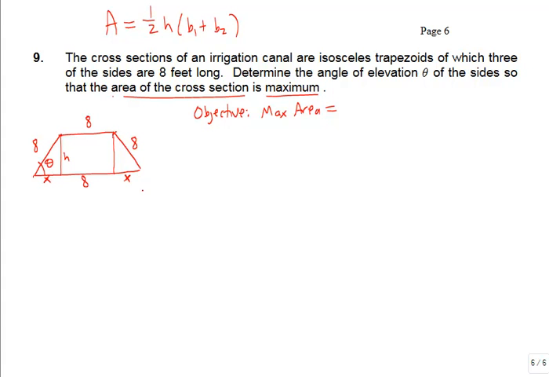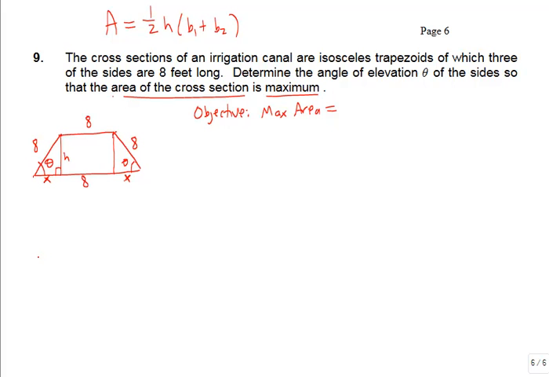Those are equal because this was an isosceles trapezoid, so the angles on both sides are the same. So base 1 is the 8, the base 2 is going to be 8 plus these two x's, whatever they happen to be. Now, we don't want to create all these extra variables, so this is where the trigonometry comes in. We have a nice little right triangle right here.